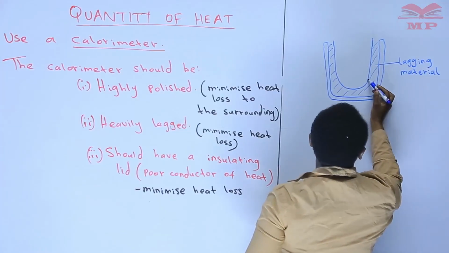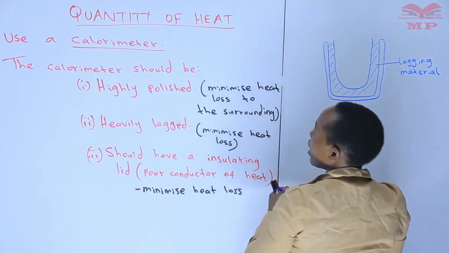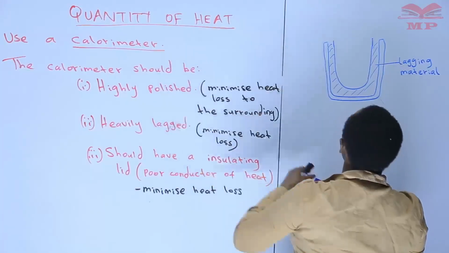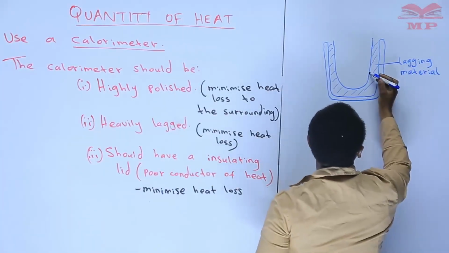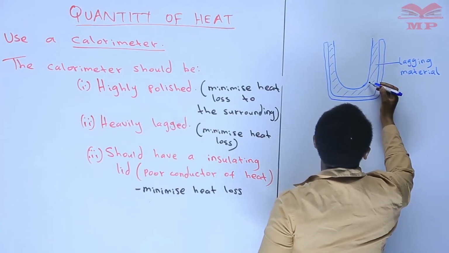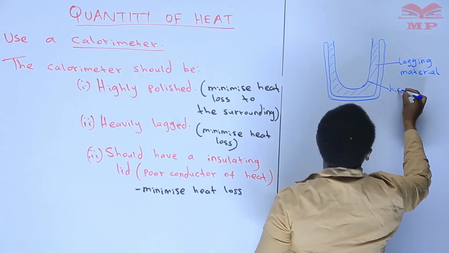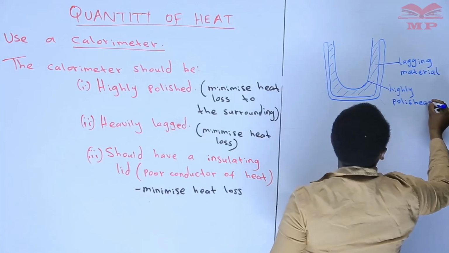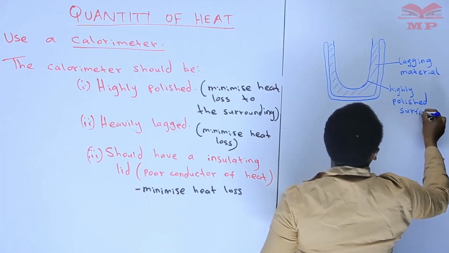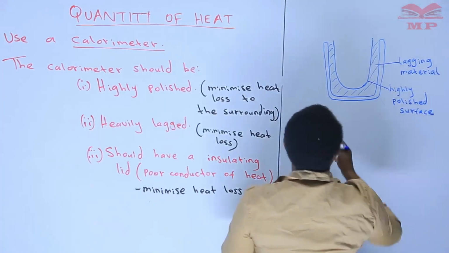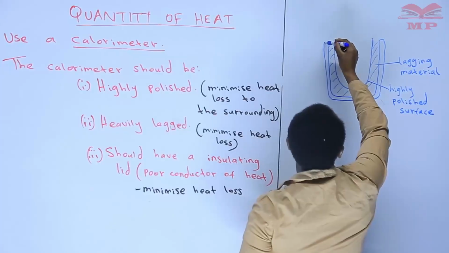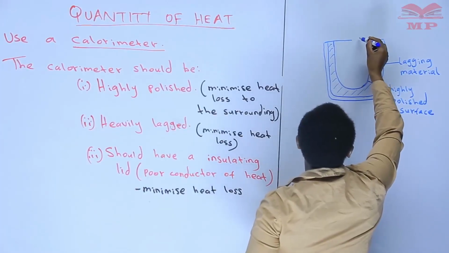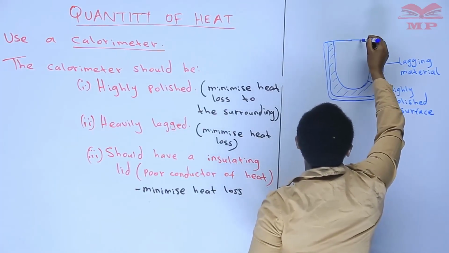This is the highly polished part. We are saying that the calorimeter is highly polished, so this is a highly polished surface. Then we are saying that it has a lint.